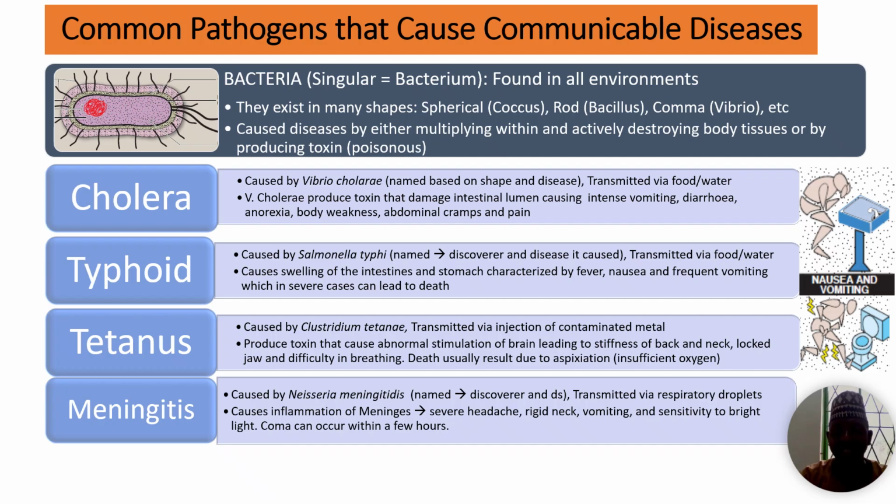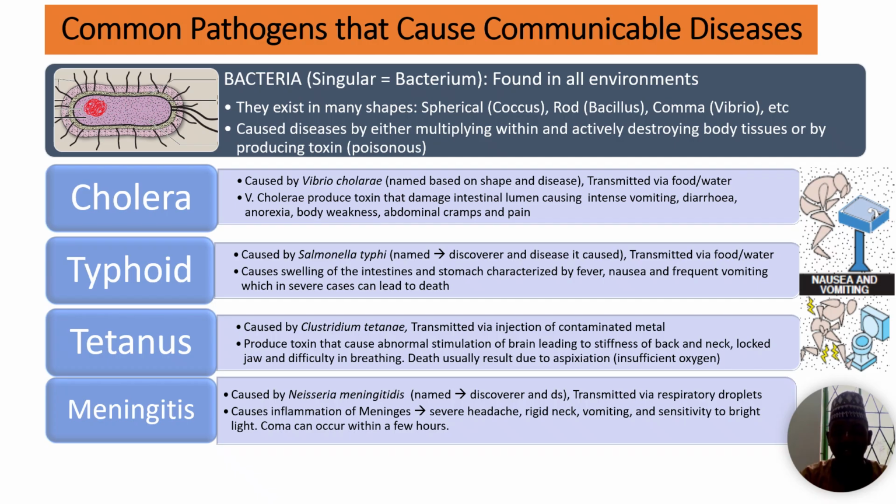If untreated, the pathogen can cross the blood-brain barrier, and from there it can infect the membrane covering the brain, the meninges, leading to an acute inflammatory response that results in what is called meningitis.